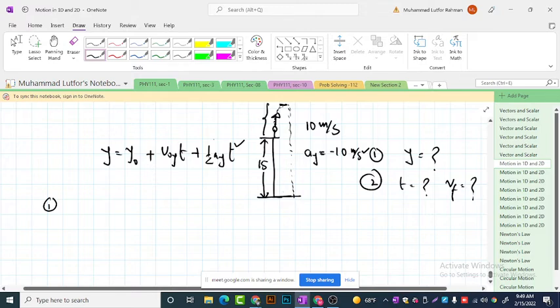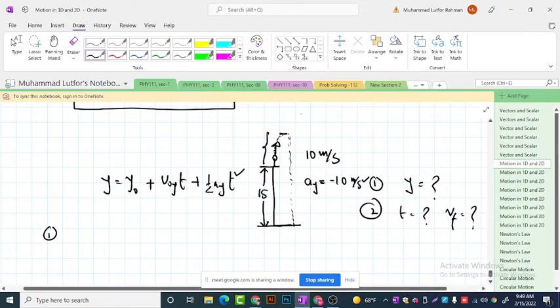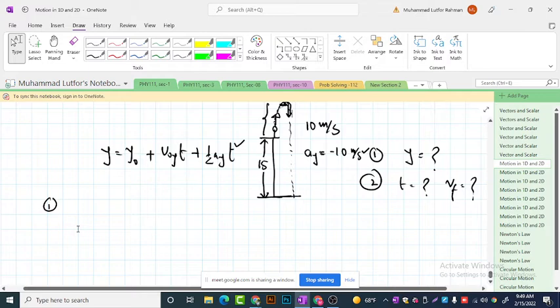First, one thing I know is that when the ball is at the maximum height, what would be its instantaneous velocity? It will be 0, right? Because it's changing its direction. So at the peak point, the velocity is going to be 0.